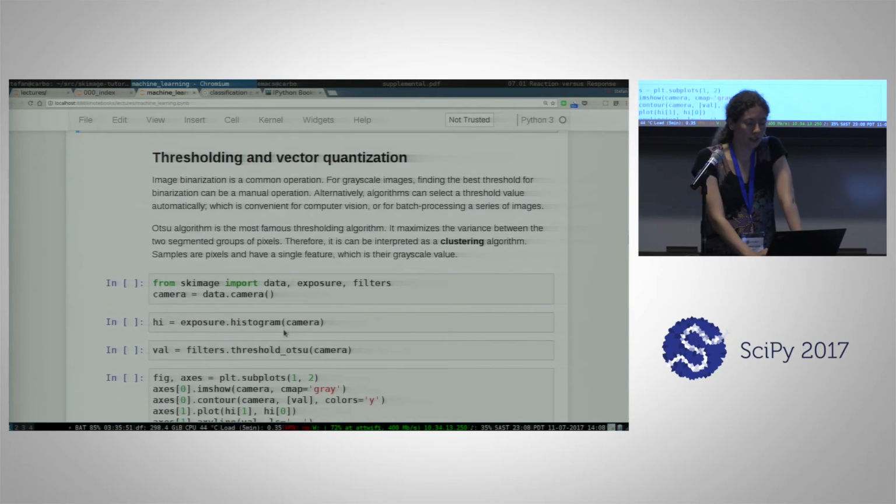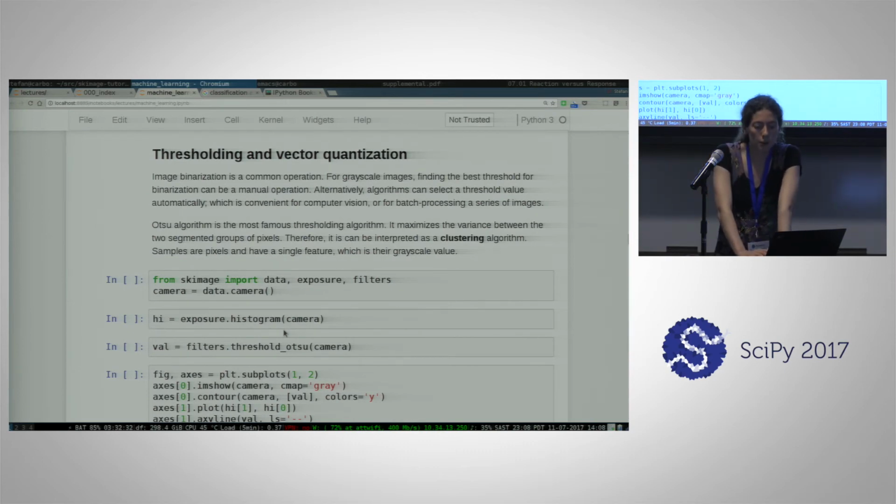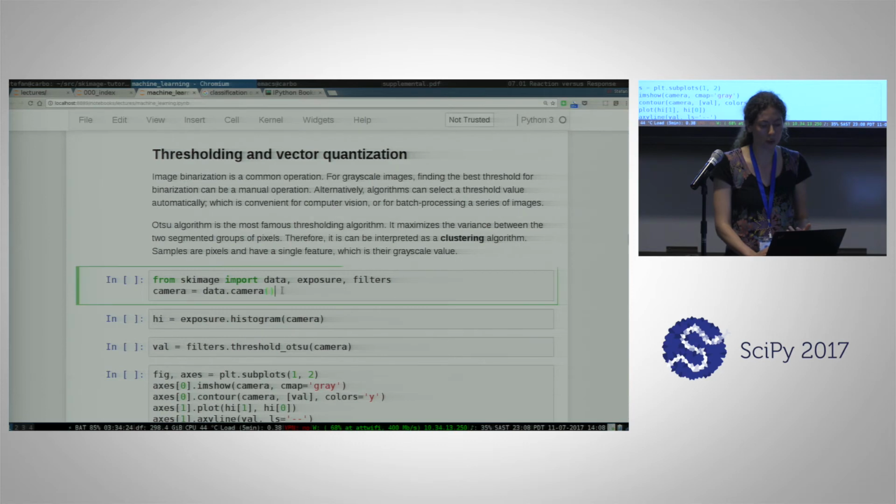So we'll start with image thresholding, binarization, or what's called vector quantization. It builds on the idea of image segmentation using only color information. One of the very first techniques that you saw during Claire's tutorial was to threshold an image using the gray values to distinguish the cells from the background. And for this, of course, you can set a threshold manually, but it's usually better to use an automatic thresholding algorithm.